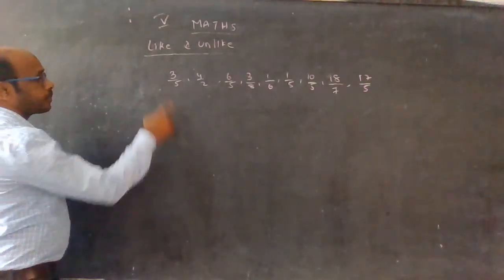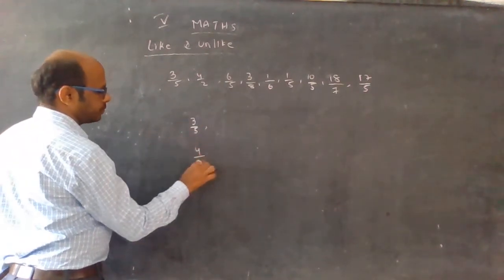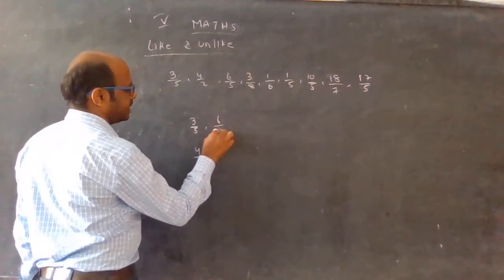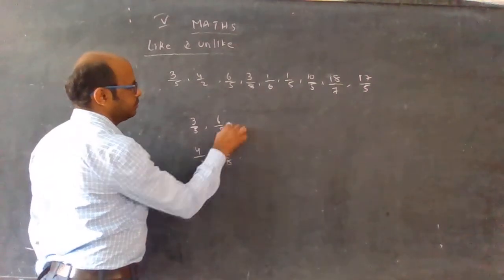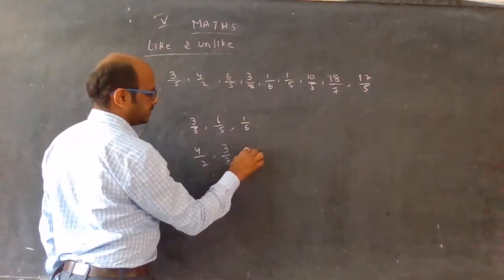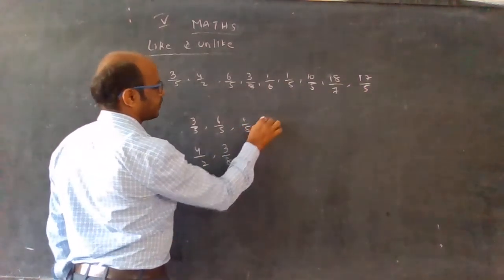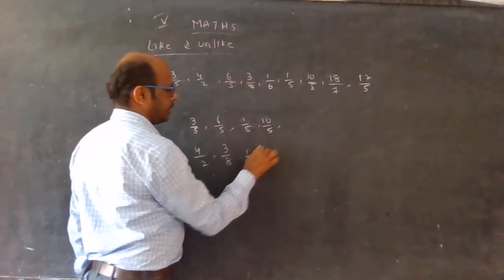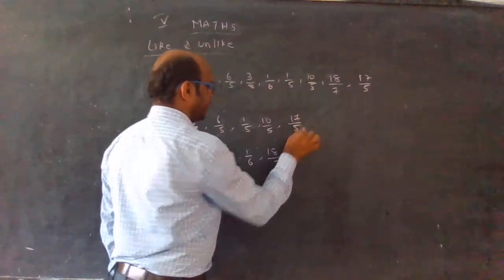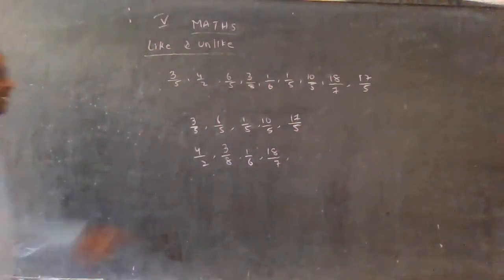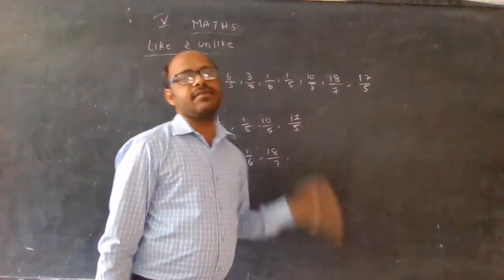See here, 3 by 5, 6 by 5, 1 by 5, 10 by 5, and 17 by 5 all have the same denominators.